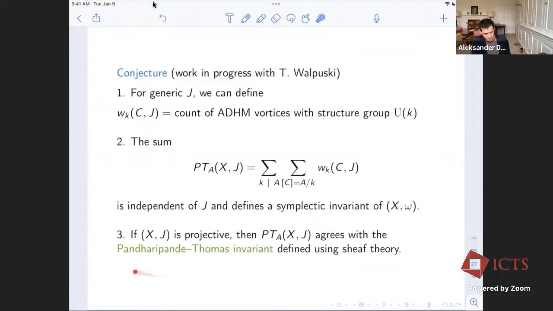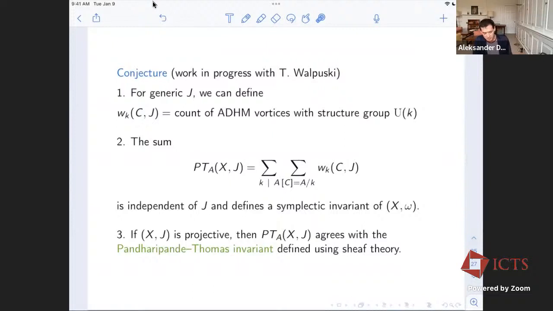And there is another part of this conjecture, which I think is much more difficult, which is to show that when you start with a complex projective threefold, this procedure recovers a well-known invariant in algebraic geometry that was defined using sheaf theory.